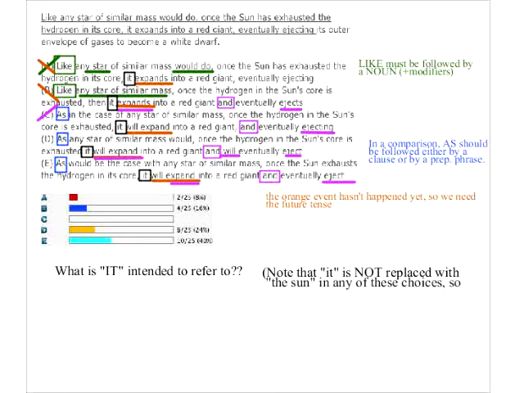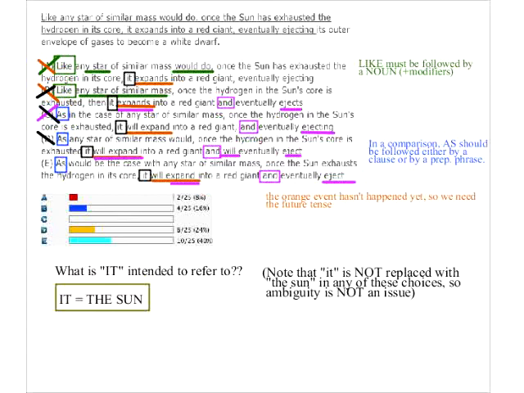So if there is ambiguity, it is not an issue. Yeah, it is intended to refer to the sun. So it equals the sun. So notice that based on that, we can eliminate B, C, and D.